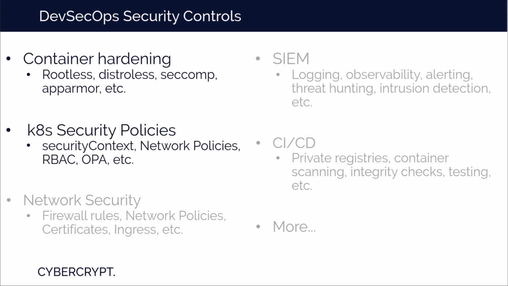So we have been looking at container hardening and Kubernetes security policies, and we have only looked at a small subset of all the policies that are available. I think my main message here is that you need to find the right combination of security controls for your deployment.